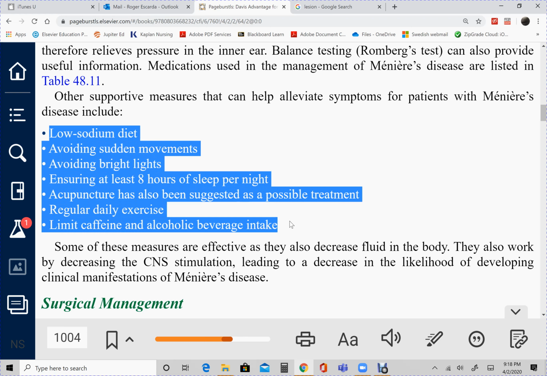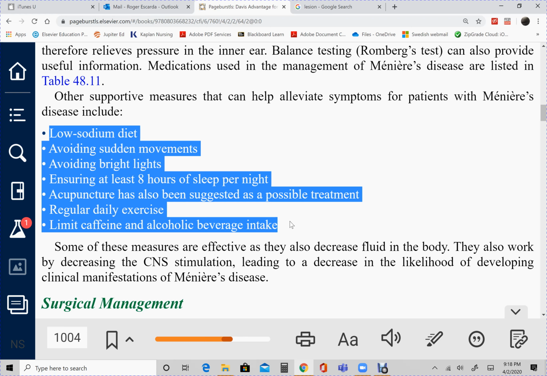So we already said under Vertigo, avoid sudden movements, low salt. There were a few: low glutamate, and avoid aspartame in the diet. Get plenty of rest, acupuncture, limit alcohol.